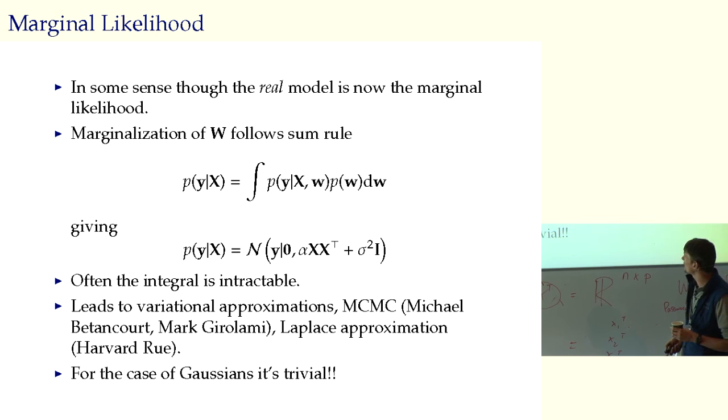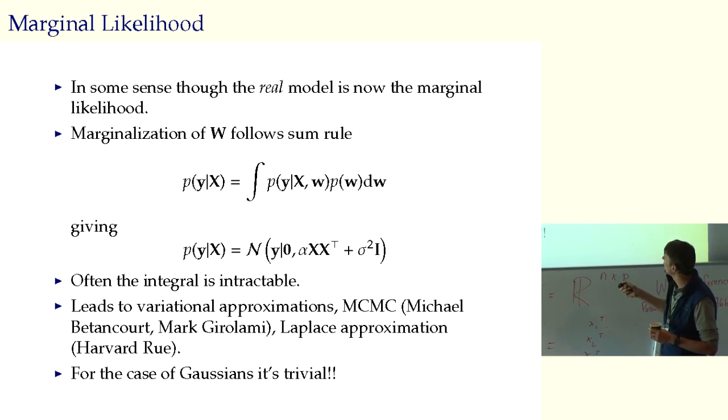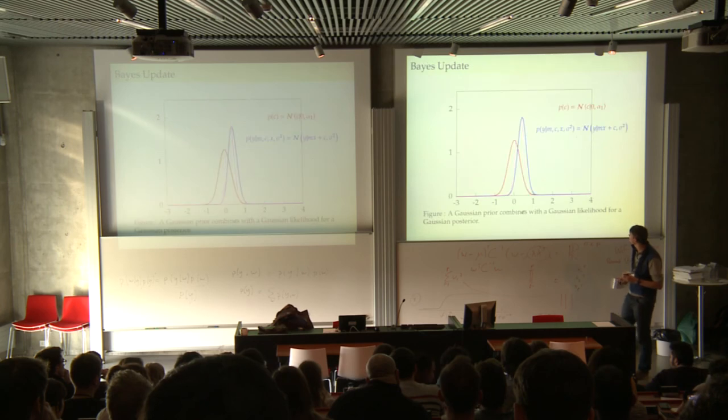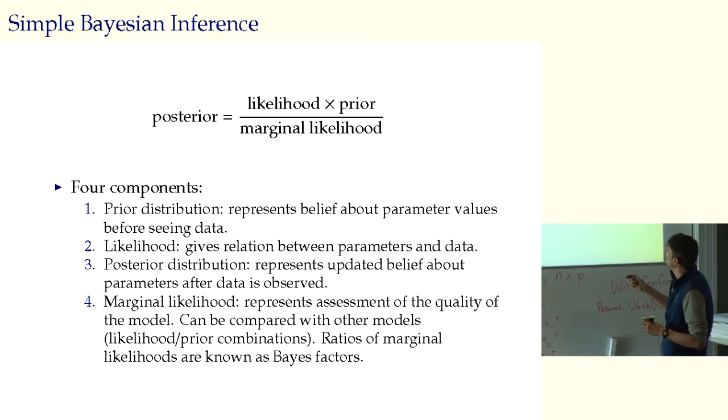But I want to present a slightly different view: if you do the marginalization of W to get the marginal likelihood, remember going all the way back to Bayes' equation, this object here I haven't talked much about, but it's the one that gives us the marginal likelihood. It's the probability of the data with those parameters removed.